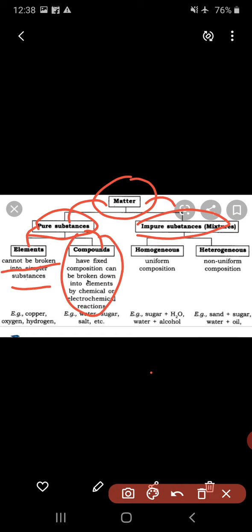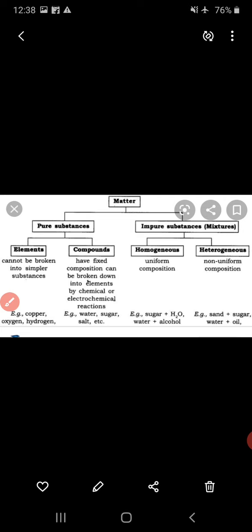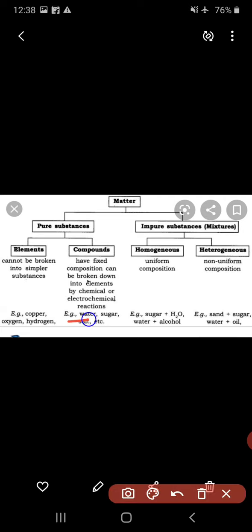Now compounds, what is a compound? Compounds means the substance which is made up of different types of atoms. Now here examples for compounds are water, sugar, and examples for elements are copper and oxygen.